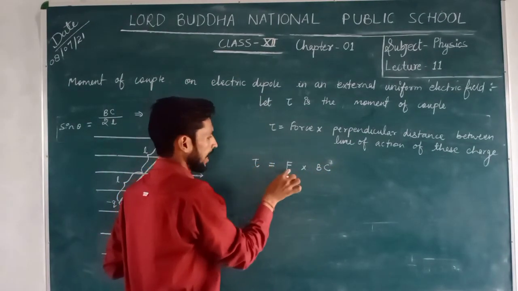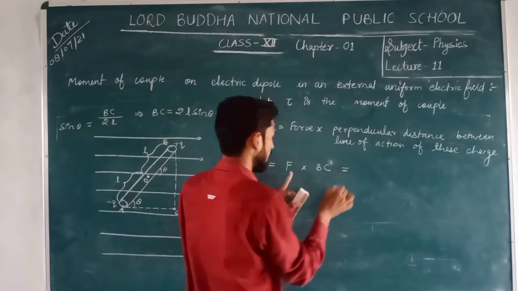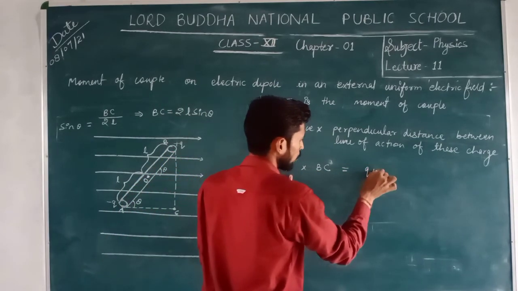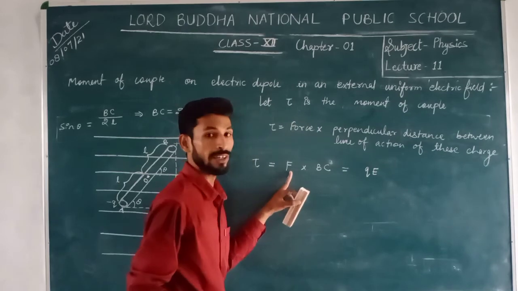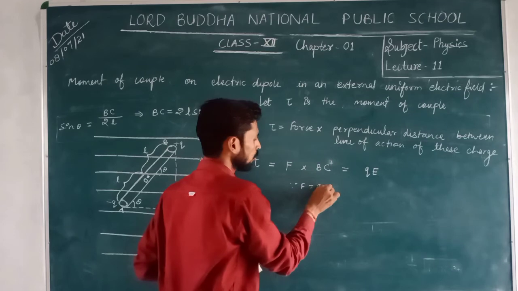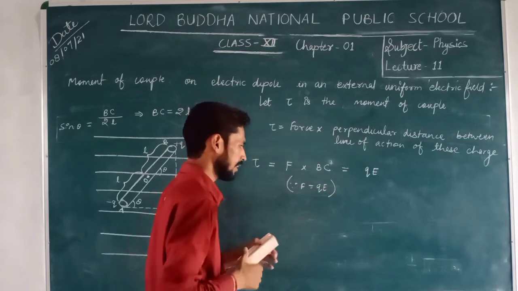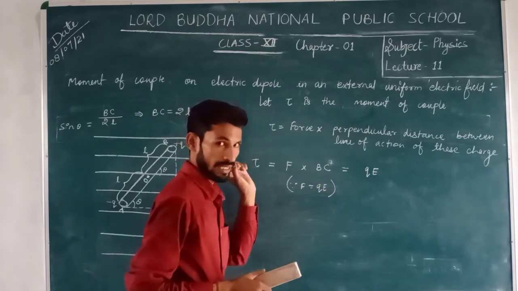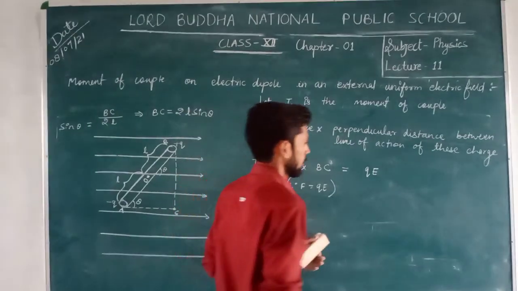So tau equals F into BC. Now in place of F we can write Q into E, because F equals Q into E. That topic was discussed in previous lectures.